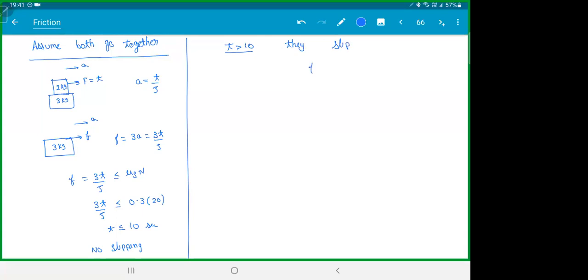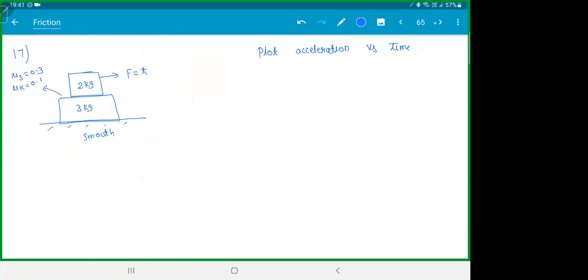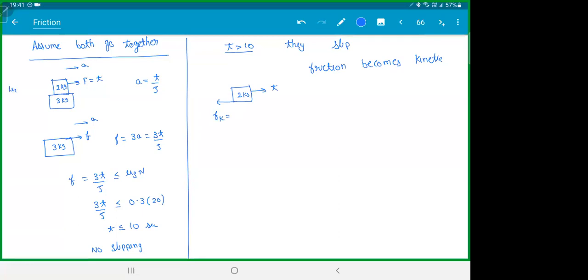And friction becomes Fk. Now the values will change. Friction becomes kinetic. If you draw the FBD now for the 2 kg, this will be T and this will be Fk, where mu k is 0.1.